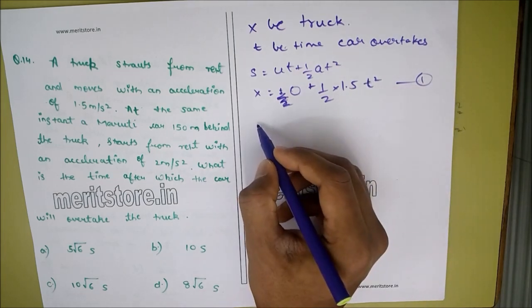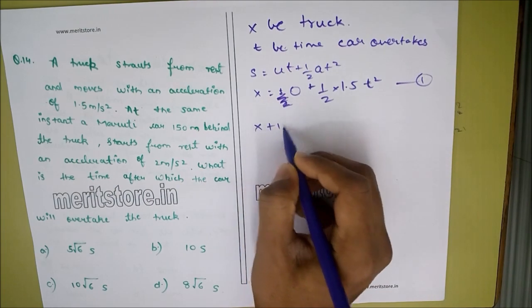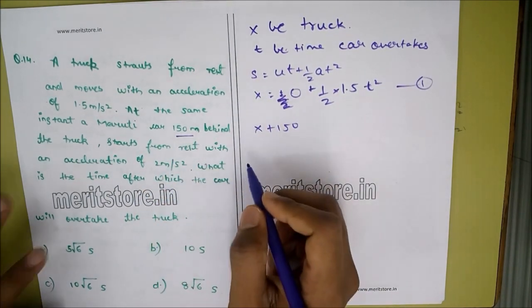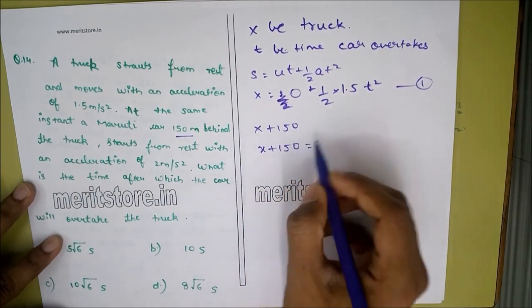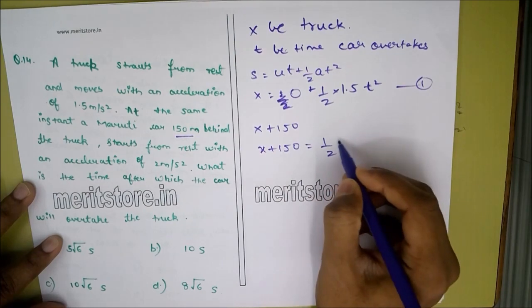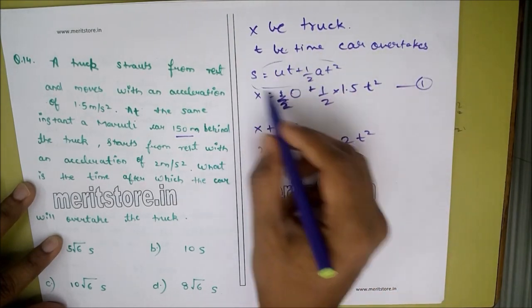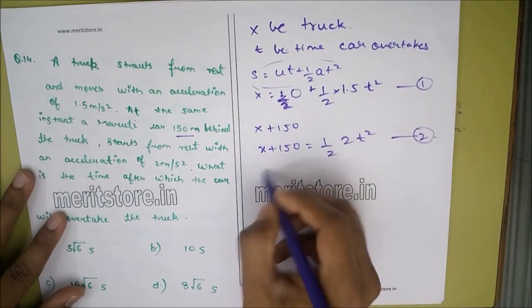Now for the car, the distance traveled would be x plus 150, since it has to cover an extra distance of 150 meters from behind. So x plus 150 is equal to half 2t square, using the same relation. So let's write this as the second equation.